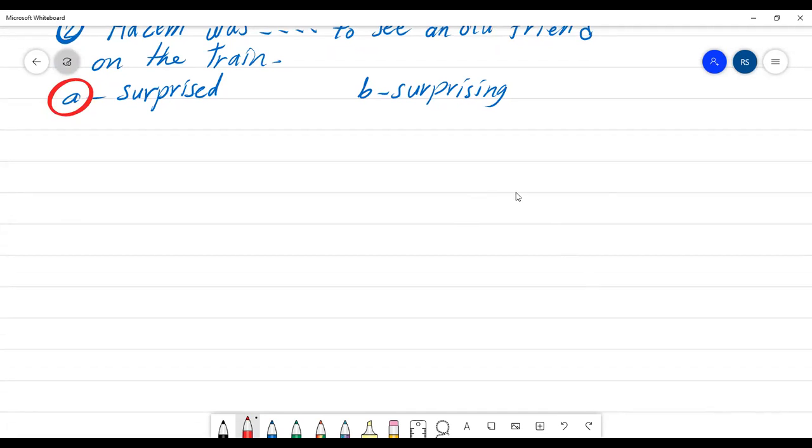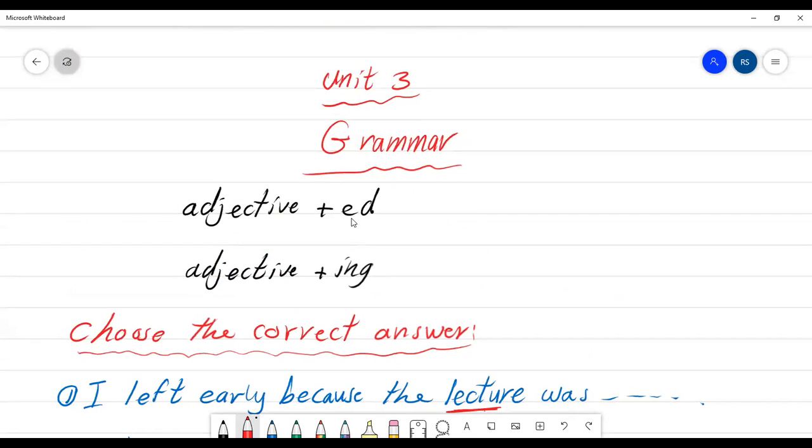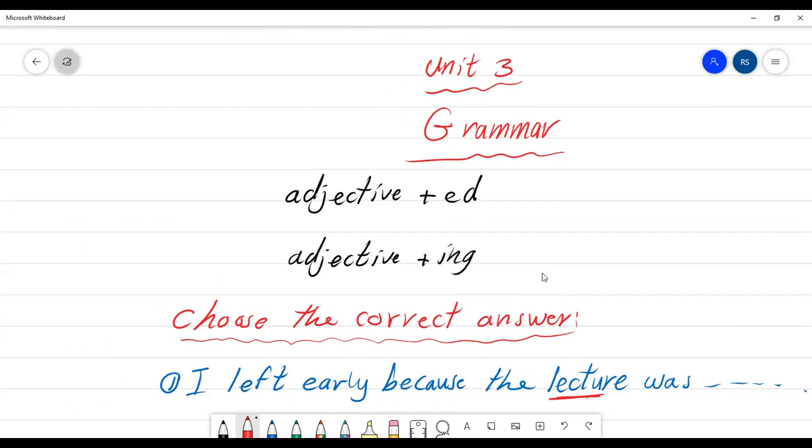Now before we leave this point, adjective plus ed means the past participle of the verb, and we use it as an adjective.